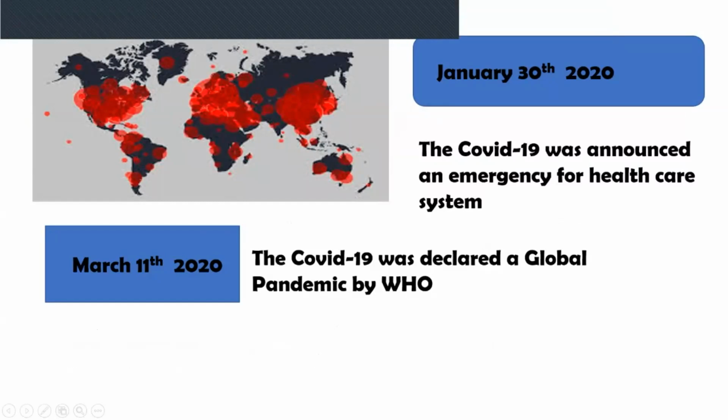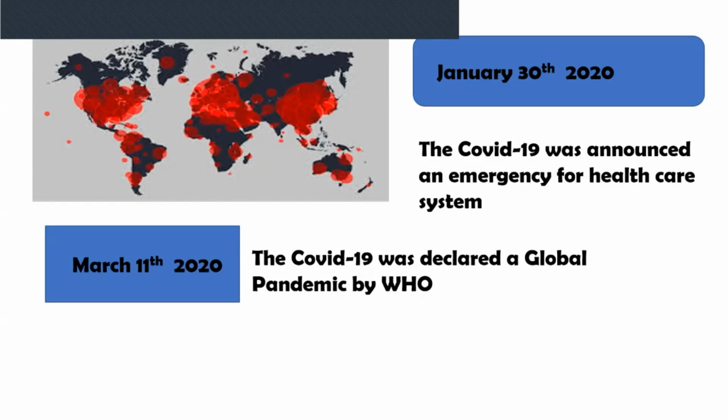On this disease, let's see that COVID-19 was announced an emergency for the healthcare system on January 30th, 2020, and was declared a global pandemic by the WHO, or World Health Organization, on March 11, 2020.